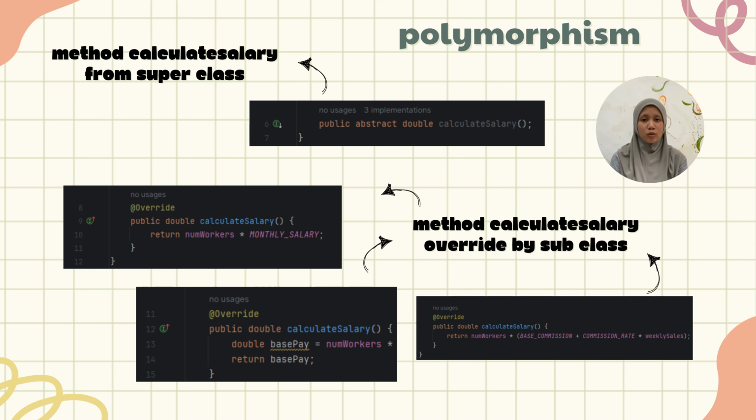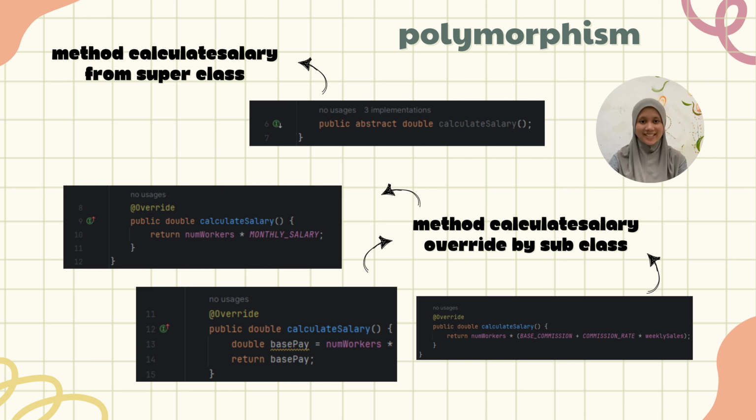So now let's take a look at one of the subclasses that is using this method. As you can see here in the hourly worker class, there is a calculate salary method, but different from the superclass, the calculate salary method in the hourly worker class overrides the abstract method inherited from the worker class.